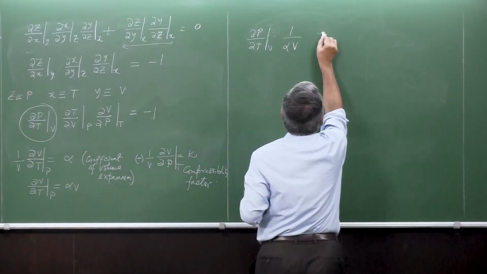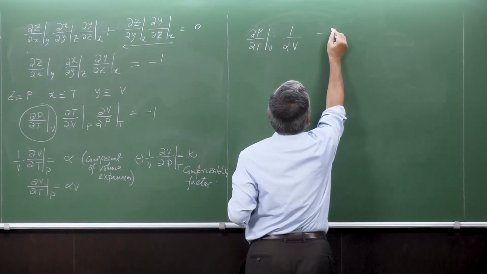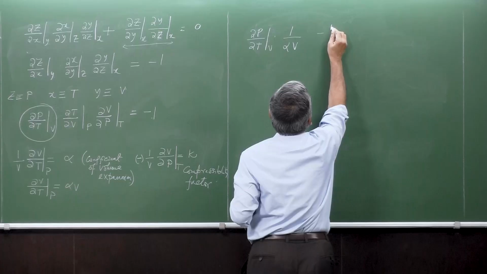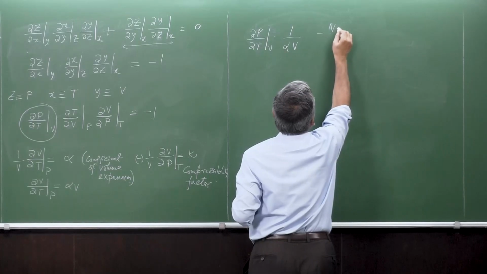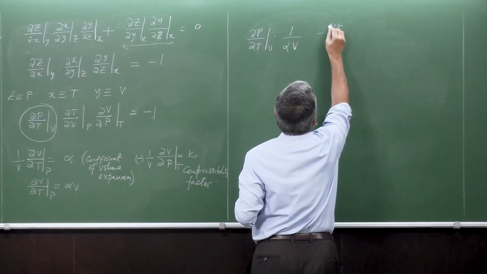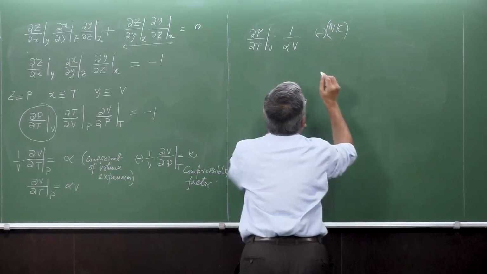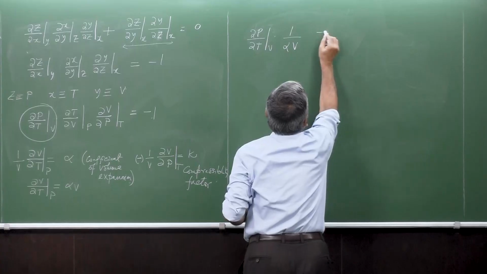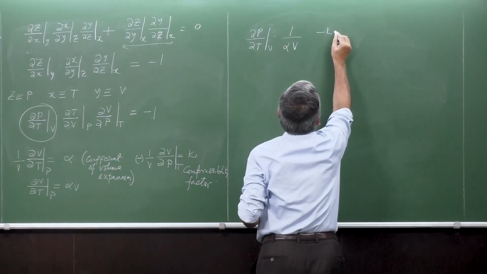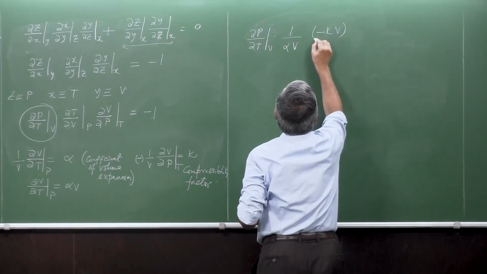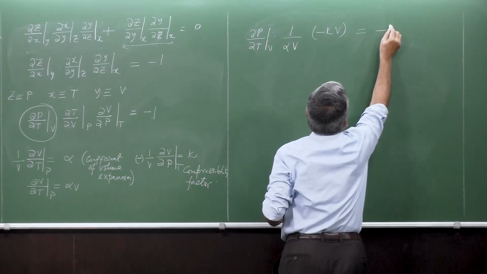So del P del T at constant V, times 1 by alpha V, times minus kappa V, is equal to minus 1.